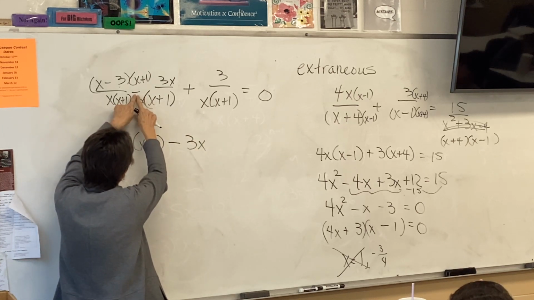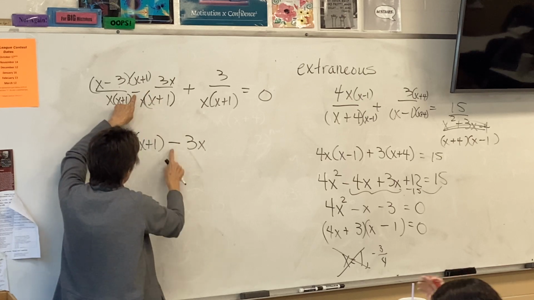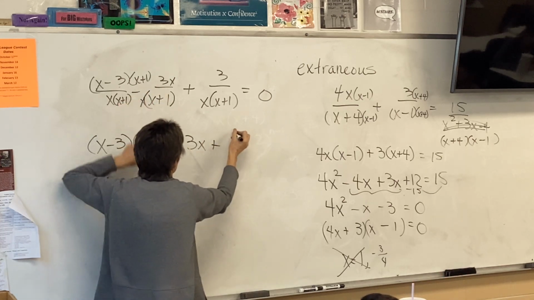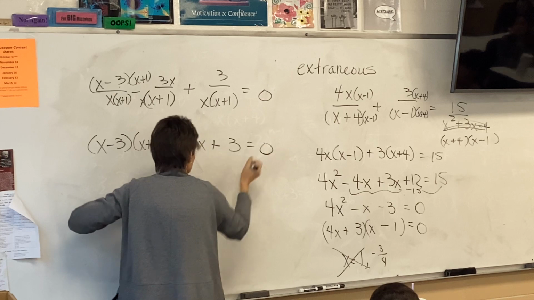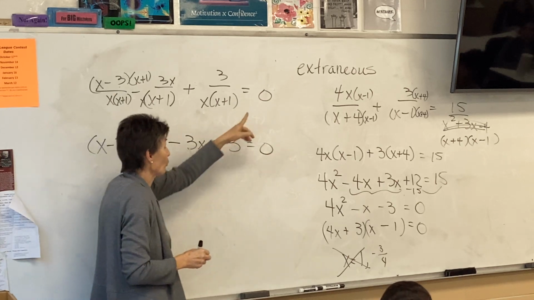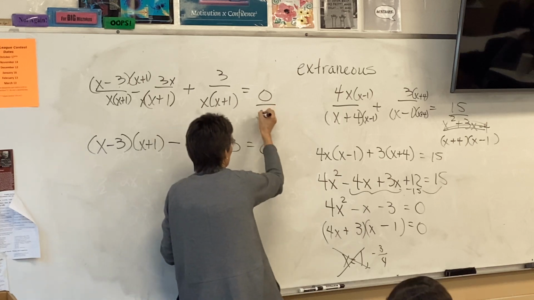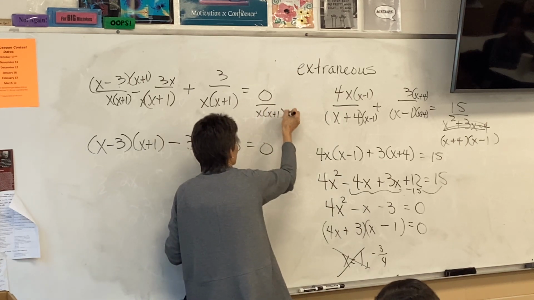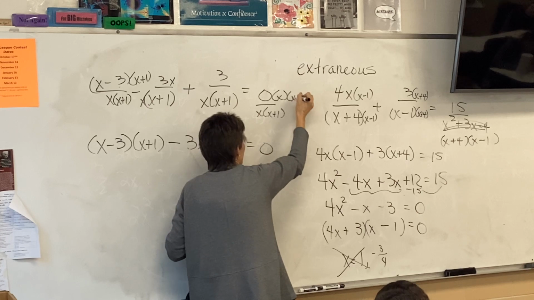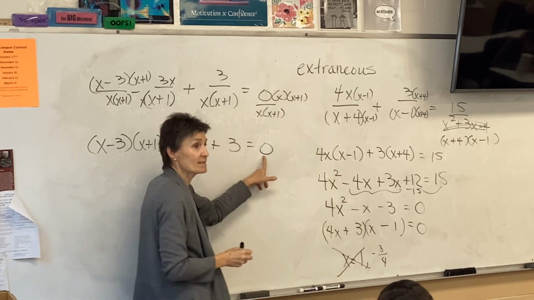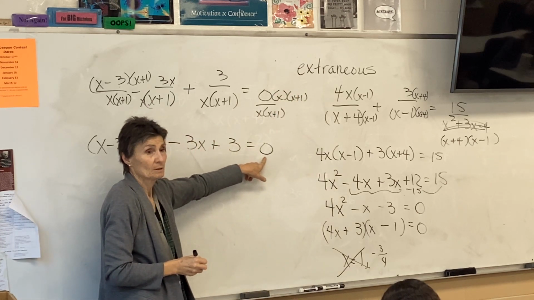Don't lose these signs, they're kind of buried in there. That's minus 3x. Now, I didn't worry about this one over here because if I put an x and an x plus 1, since I'm timesing up here by 0, isn't that just going to stay 0?